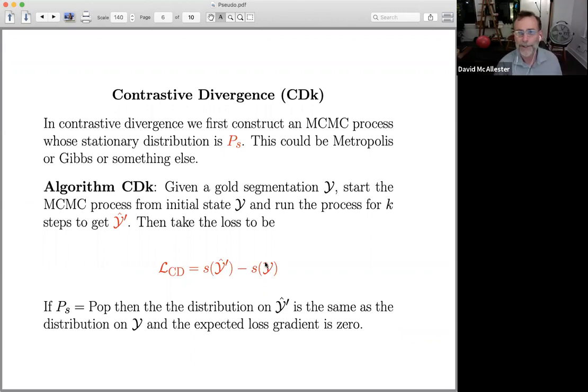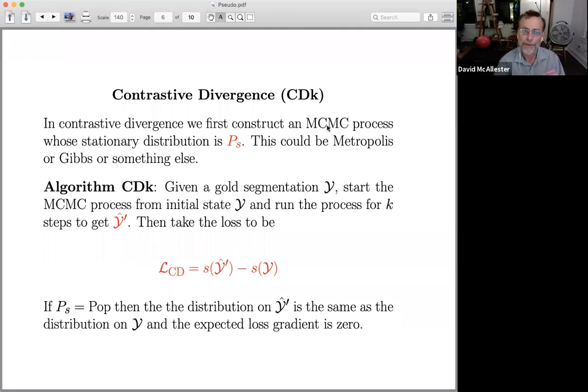Suppose that the model distribution converged to be the correct distribution. In that case, with the MCMC, we're starting by drawing from a distribution, and if the model converged to the correct distribution, the stationary distribution of this MCMC process is the data distribution.